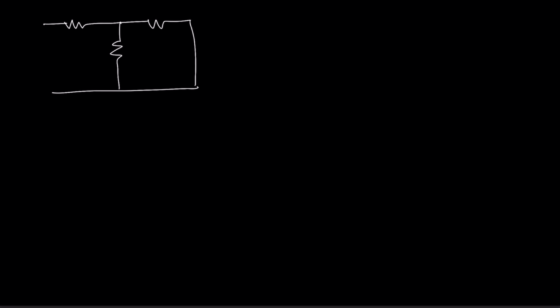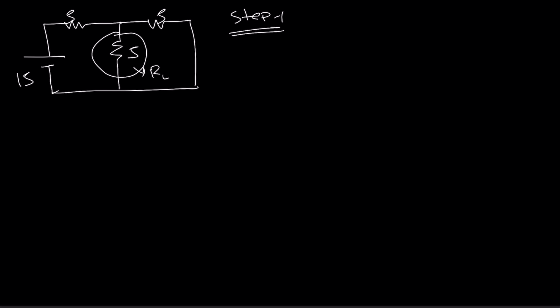So our circuit is this, this is RL, right? So step 1. Step 1 is what? Take out the load resistance or open the load resistance. Then how does the circuit look like?